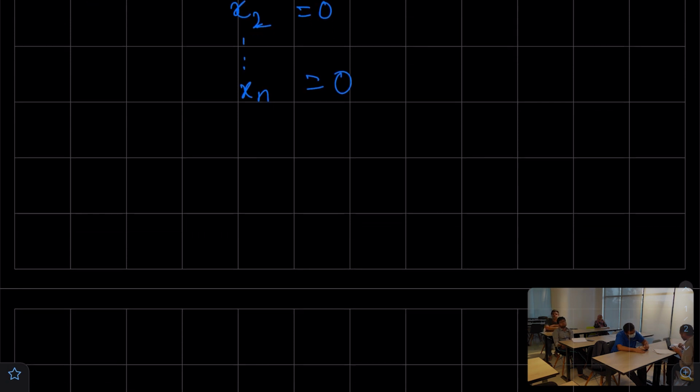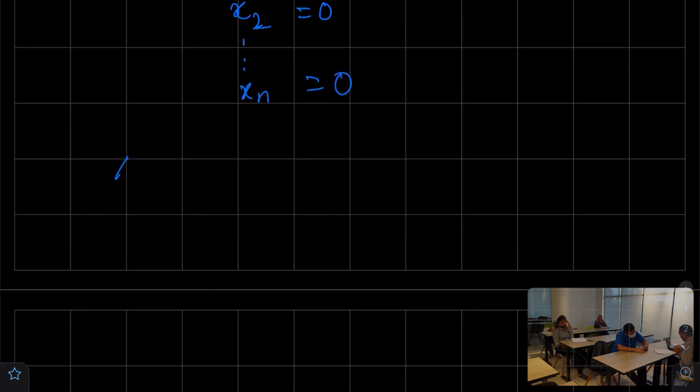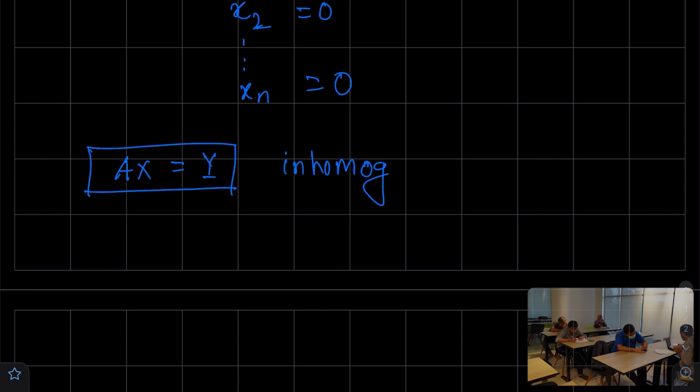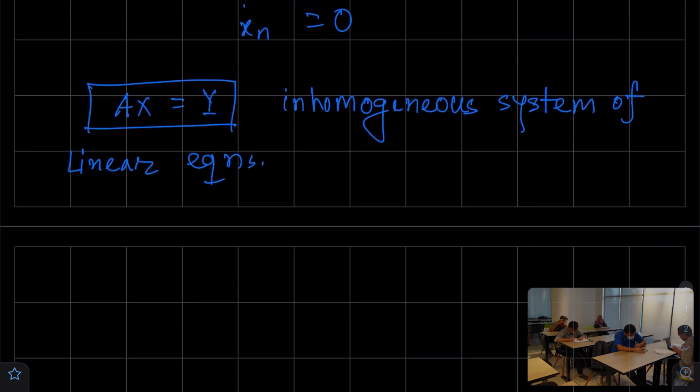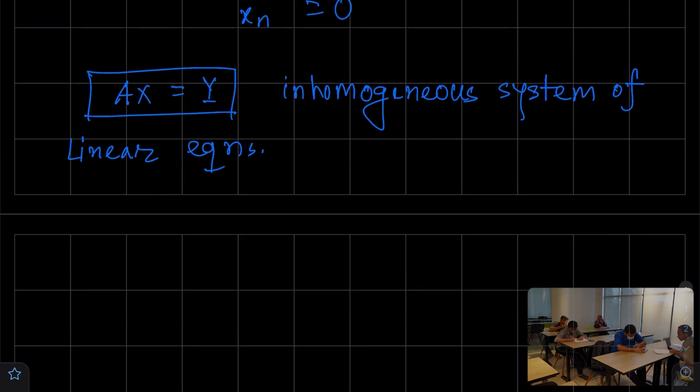So an inhomogeneous system of linear equations is something like Ax equals y.